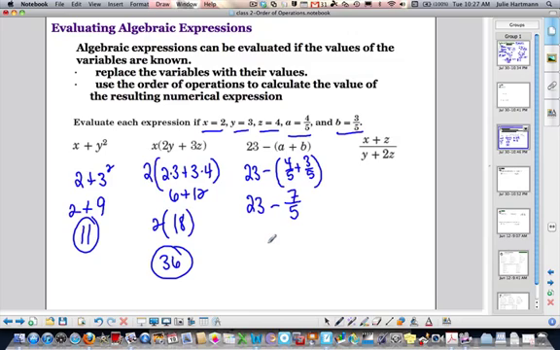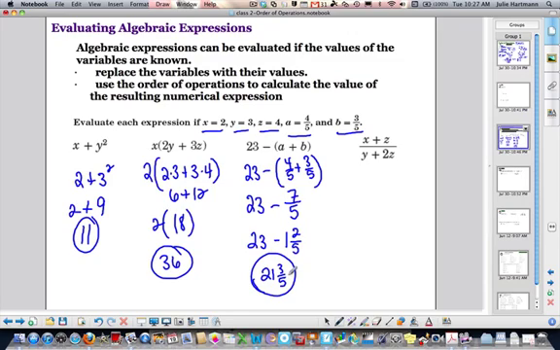You can get a common denominator with a 23 and make it 5 on the bottom, or you can look at it as 7/5 is 1 and 2/5. So 23 minus 1 is 22, and then 22 minus 2/5 is going to give you 21 and 3/5. Okay, we take that whole and split it up into the 2/5 and 3/5.